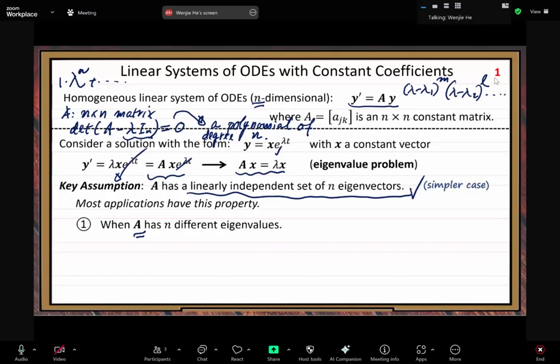But here, this case, n different eigenvalues.